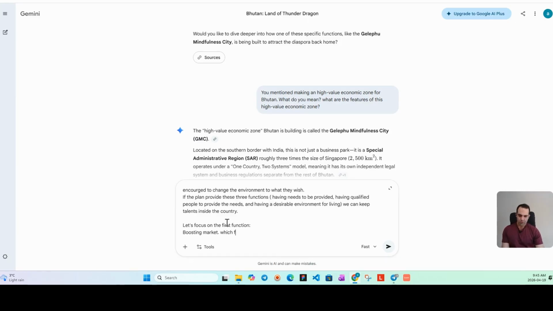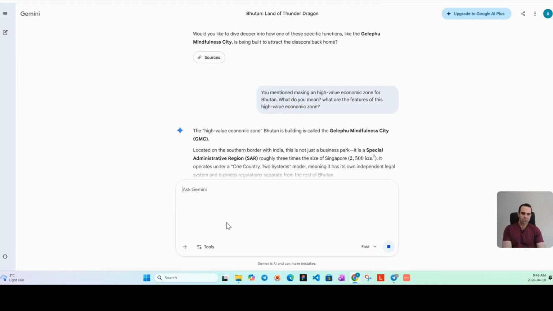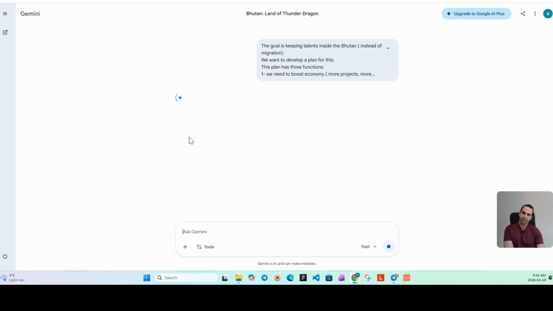Which features should this function have? What do we mean by boosting market in Bhutan? Okay, let's see Gemini response.